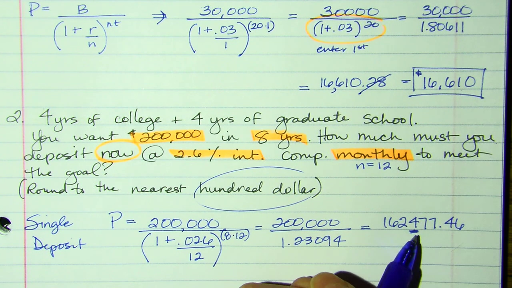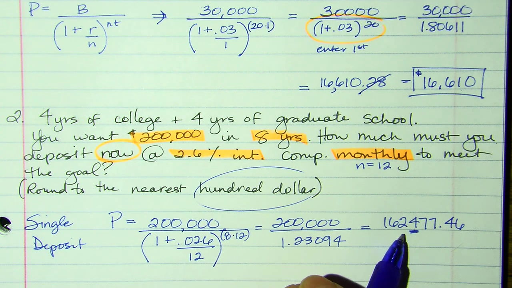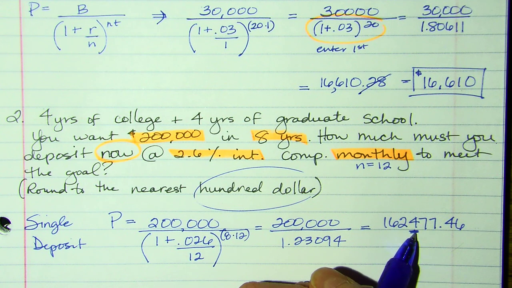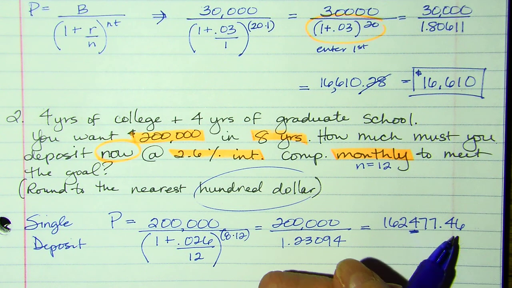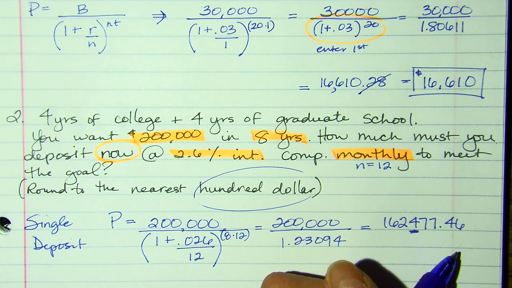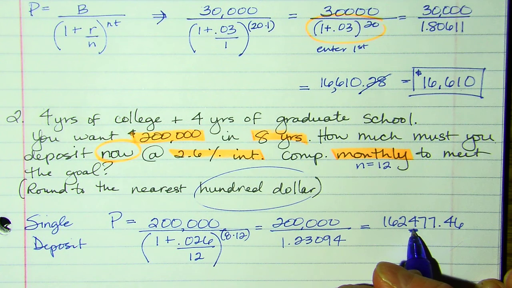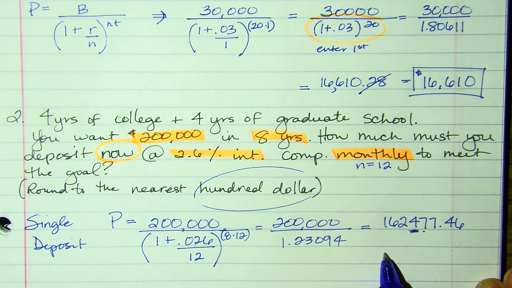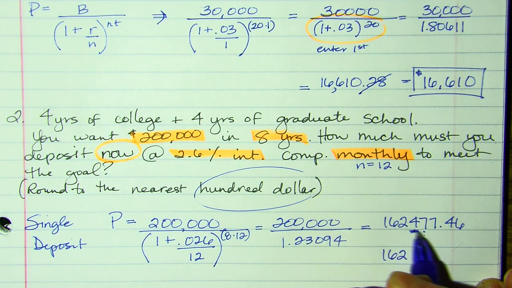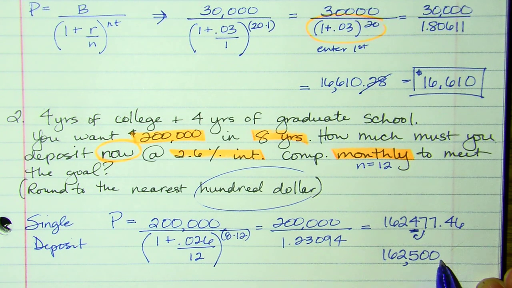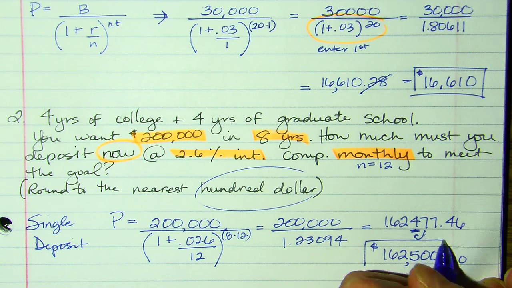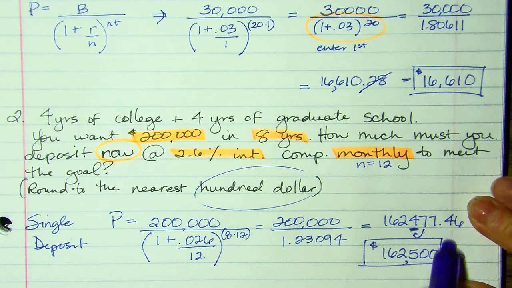If you say it out loud, it'll help. $162,477. They want us to round to the nearest 100. So you always look to the number to the right. So 7 would round it up. So I'm going to deposit $162,500. Right? We don't care about pennies or anything like that. So that's what it means to round to the nearest 100.